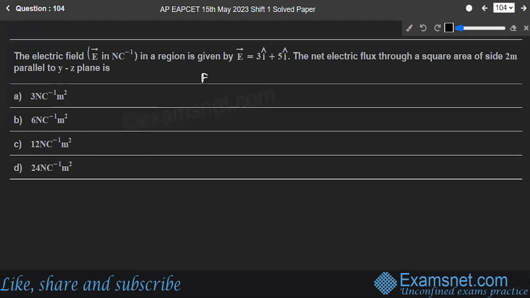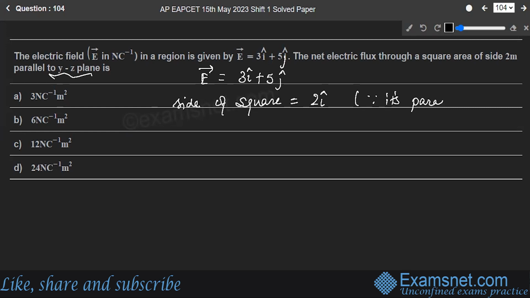So you are having the electric field given by the vector 3I plus 5J. And since the square is parallel to the YZ plane, the side of the square is given by 2I.